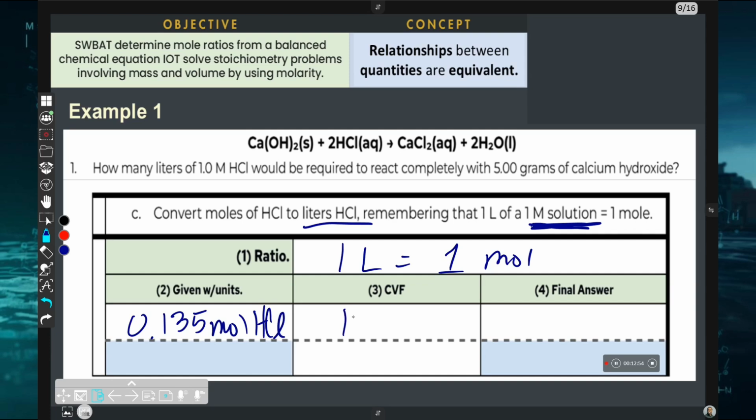Thus, I can put 1 liter on top because that's the unit I want to go to, 1 mole on the bottom because I need to cancel that out. We're still in the business of canceling things. And so the final answer ends up being 0.135 liters of hydrochloric acid.